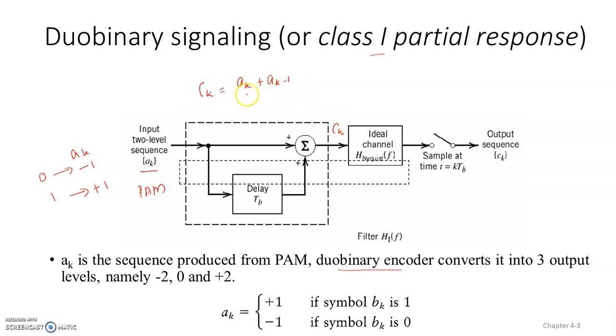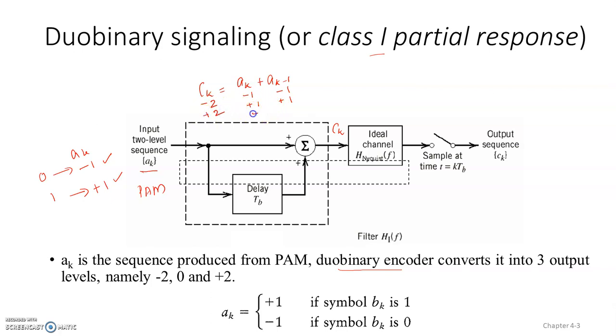We know A_k will take the value -1 or +1. Consider A_k having the value -1 and A_{k-1} again having the value -1. In that case, C_k will be -1 plus -1, that is -2. If A_k takes the value +1 and A_{k-1} again takes the value +1, C_k will take the value +2.